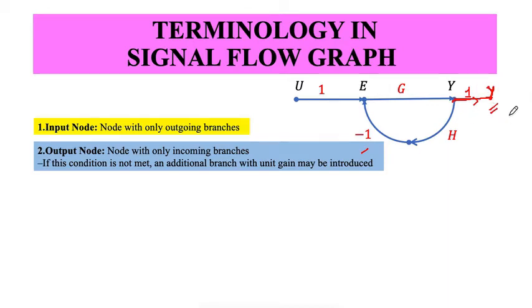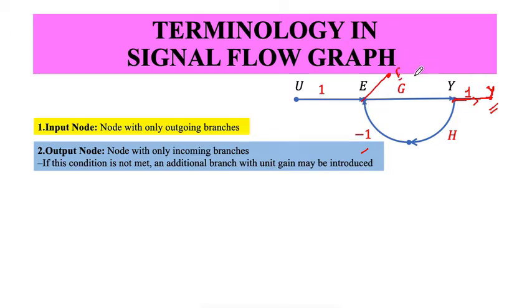Now this will satisfy my definition because it has branches which are just incoming into it. So I think no other node here satisfies that criteria. You could also pull out something from here, right? Nobody stops you from doing this. This could also be called an output node.